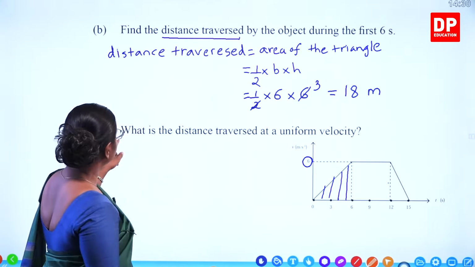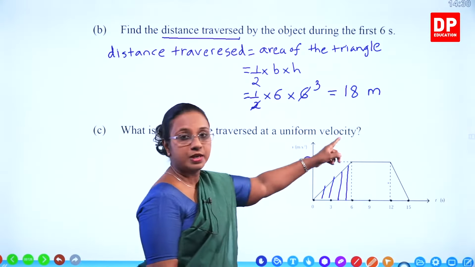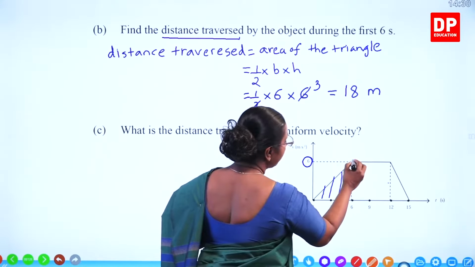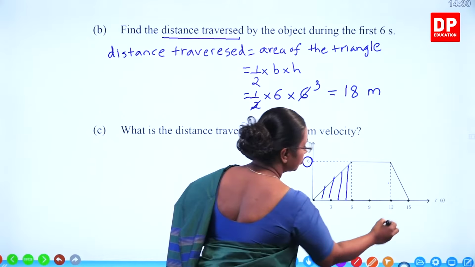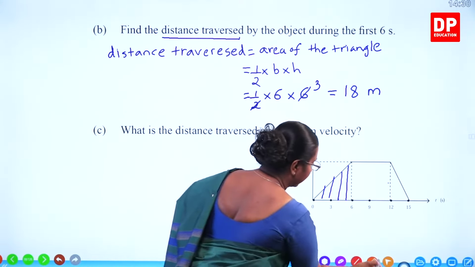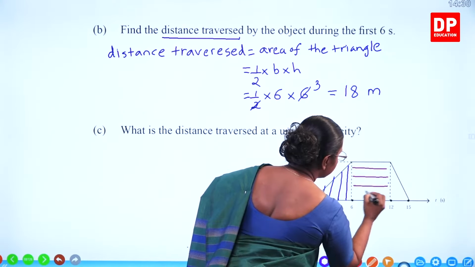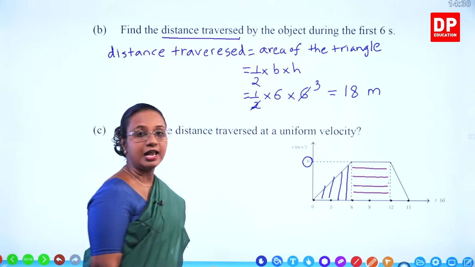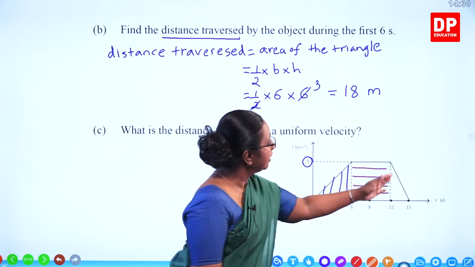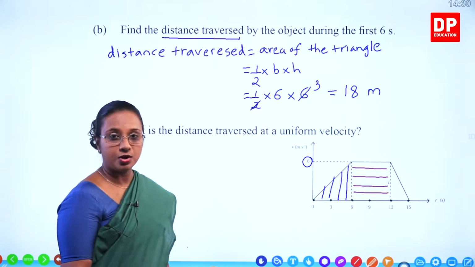Then the next question, what is the distance traversed at a uniform velocity? As we noted before, uniform velocity is from 6 to 12 seconds. So, we need to calculate the area of this square. We have to calculate the area of the square, which is the area under the graph with uniform velocity.